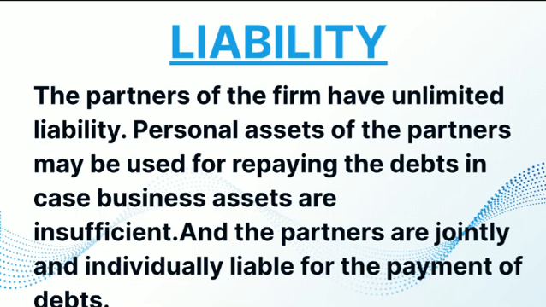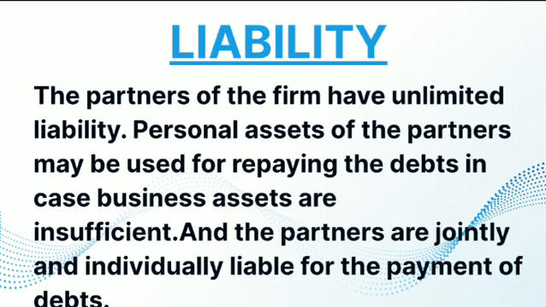Then we have liability. The partners of the firm have unlimited liability. The personal assets of the partners may be used for repaying the debts in case business assets are insufficient. The partners are jointly and individually liable for the payment of debts. All the partners are equally liable for paying the debts. They may be jointly liable or separately liable for their own debts.